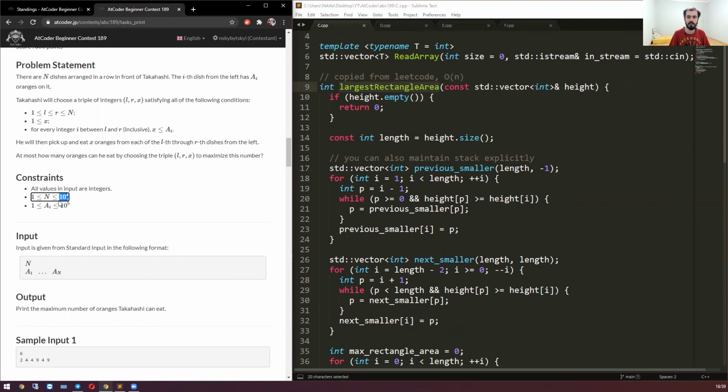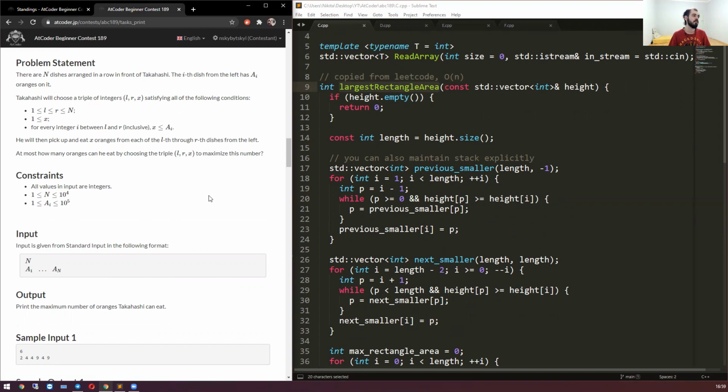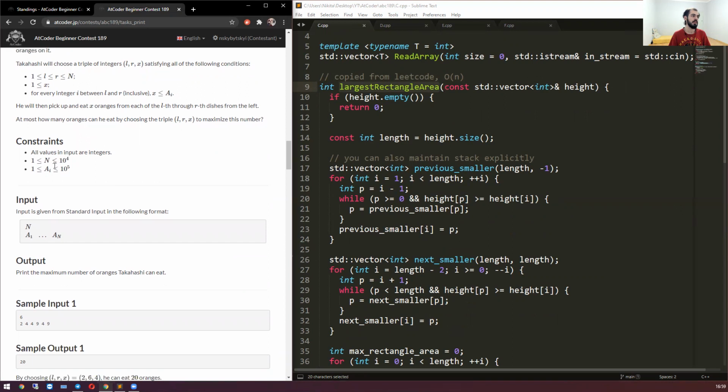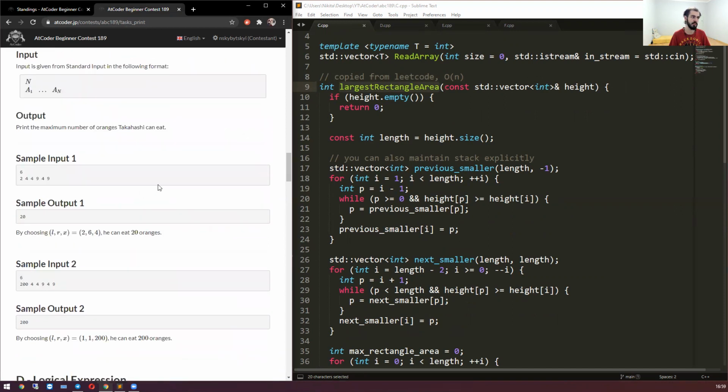Because of the constraints, you could use a sparse table, where preprocessing takes linear time, and then you have a quadratic number of intervals and want to find the minimum on each of them. So yes, that's possible with a sparse table.